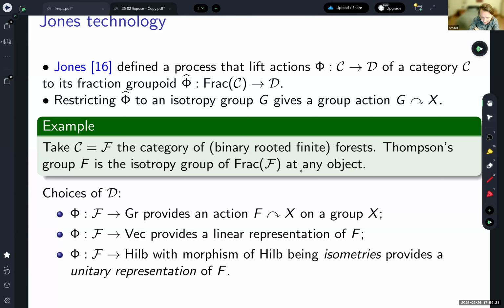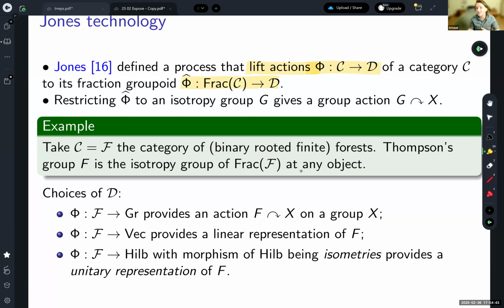What he got is that he defined a process, a very general process that is functorial and very explicit, that lifts actions of a category. So for me, action of a category is just a functor. Into an action of the fraction groupoid.